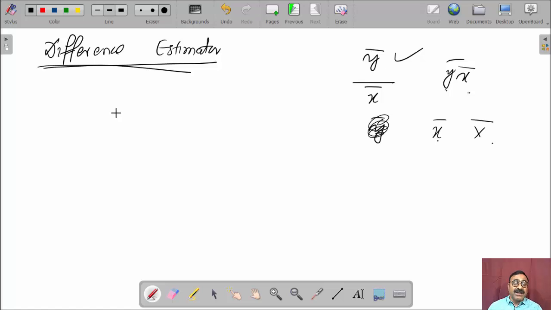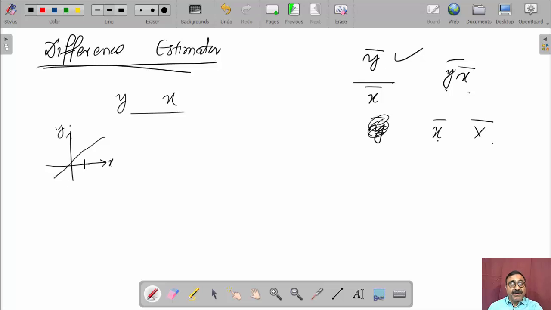In the ratio method of estimation, which makes use of auxiliary information, it was seen that the ratio estimator provides an efficient estimator of the population mean if the regression of y on x, that is the study variable on the auxiliary variable, is linear and the regression line passes through the origin.